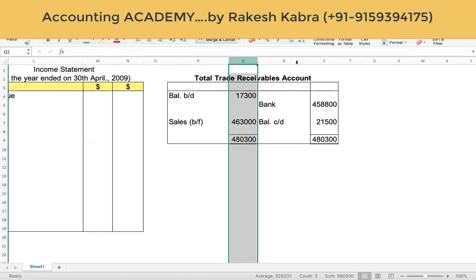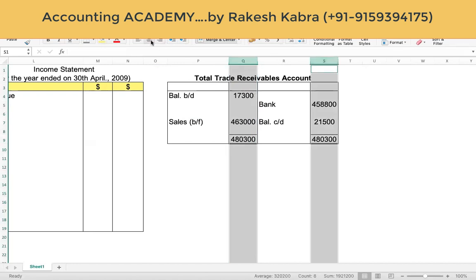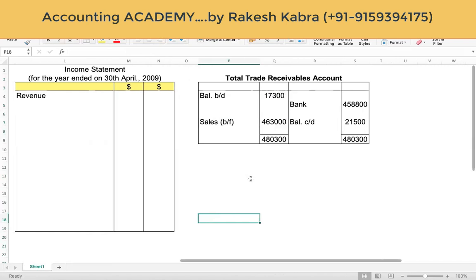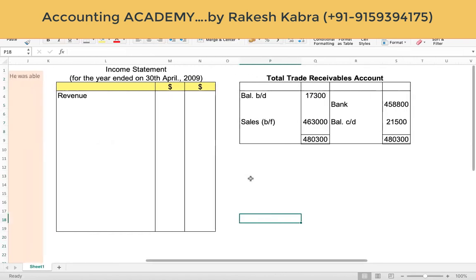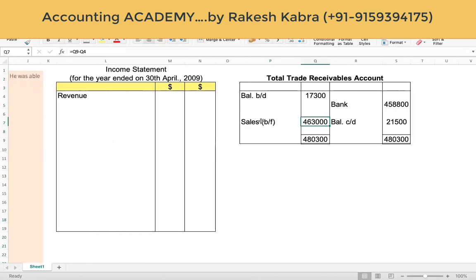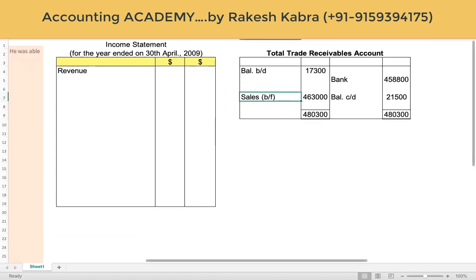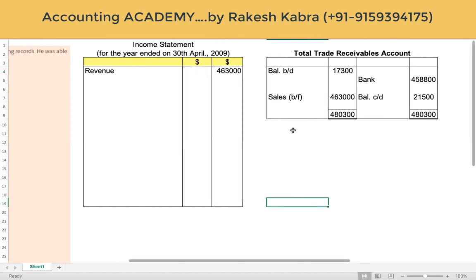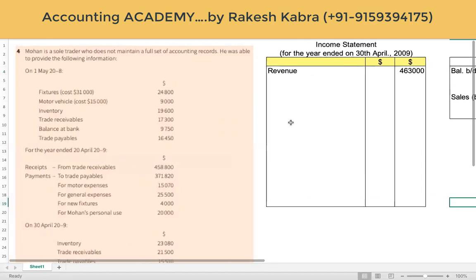It means I sold goods on account, and when I sell goods on account, trade receivables increase. Increase in asset is debit, so on the debit side whatever difference amount we get is actually the sale. Clear? So the same amount I will write here. Understood how we got this figure?